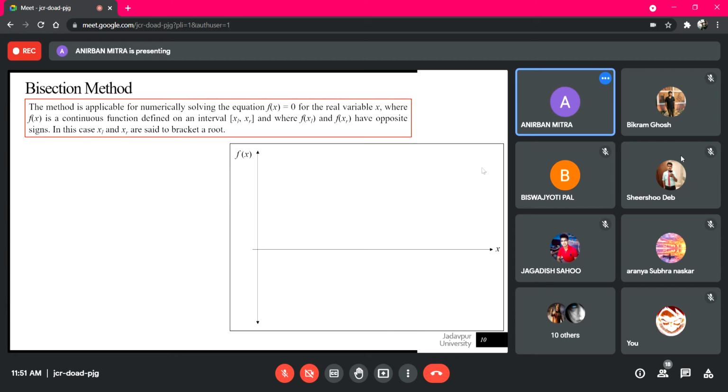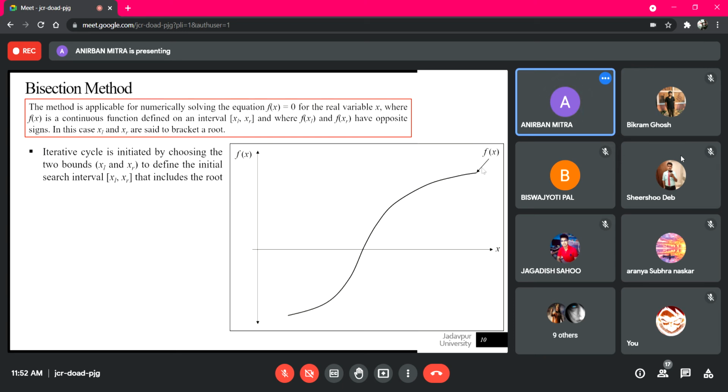Now we will try to graphically establish this method and what it does, and then we will go forward with an example and try to develop the algorithm for this method. So what it does is quite clear. Let's say this is a function, nonlinear function, fx, and the iterative cycle is started by choosing the 2 bounds, the 2 extremities of the interval.